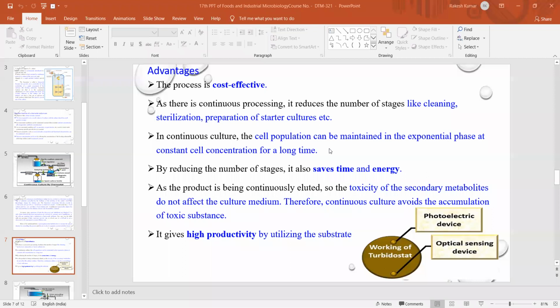The product is continuously eluted, so the toxicity of the secondary metabolites does not affect the culture medium. We are taking out whatever amount is already fermented, whatever end product is available in the system. So whatever toxic substance may be generated in the system will go out.